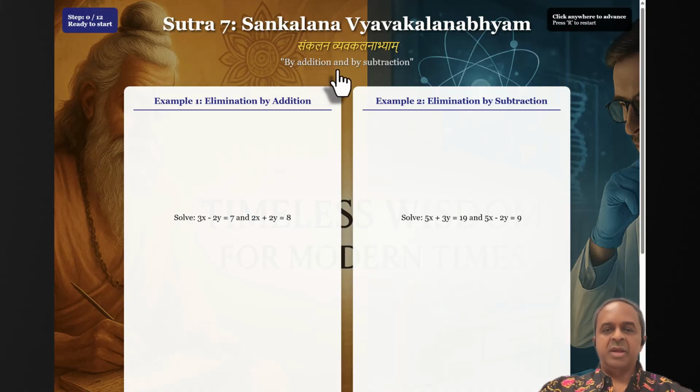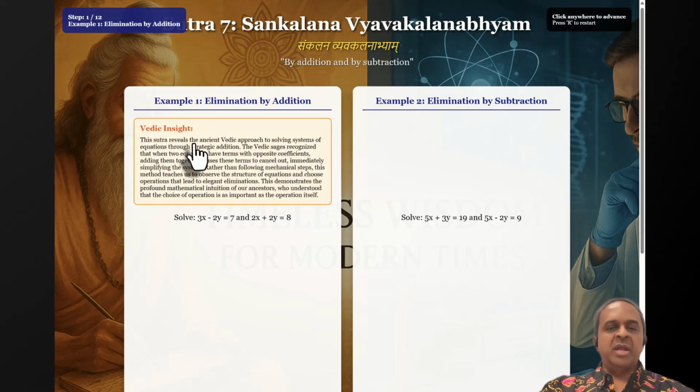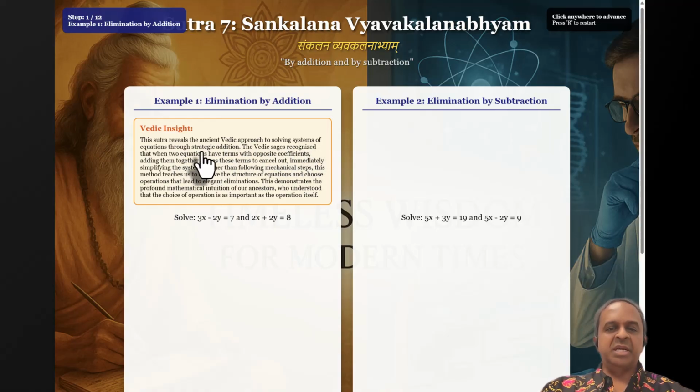Additions and subtractions. Okay. So let's look at example 1, elimination by addition. This sutra reveals the ancient Vedic approach of solving systems of equations through strategic additions.